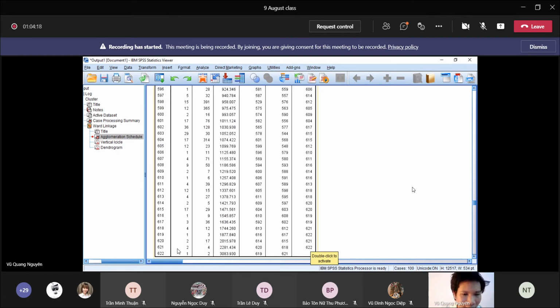And where we stop, we have two clusters left. Last step, we have one left. Next up, we have two clusters left. So the best number is two clusters, because they are farthest from each other. But this table is very hard to decipher.